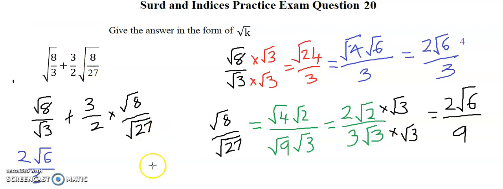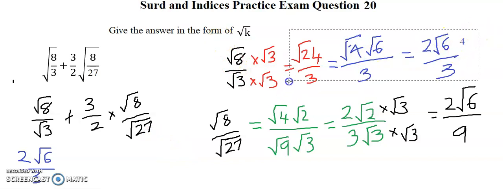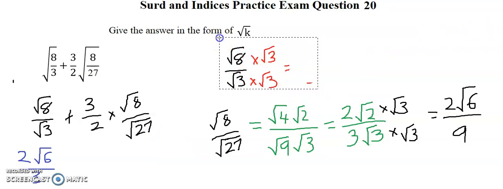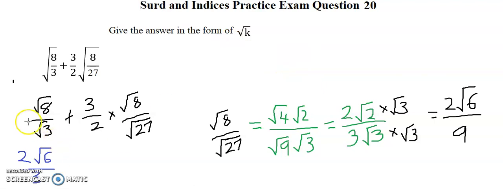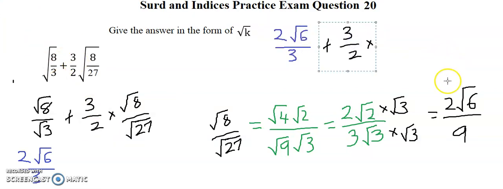The only thing that we haven't done now, I'm just going to make some space, is finish our working out. So let's go back to what we've got so far. We've got 2 square root of 6 over 3 plus 3 over 2 times 2 square root of 6 over 9.